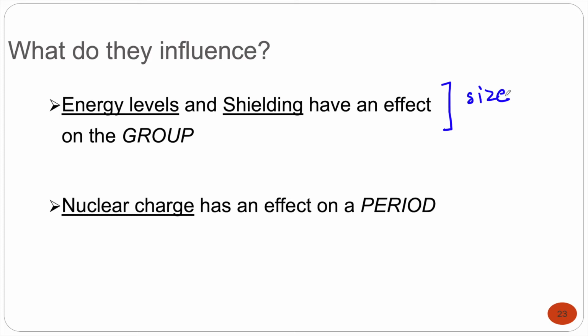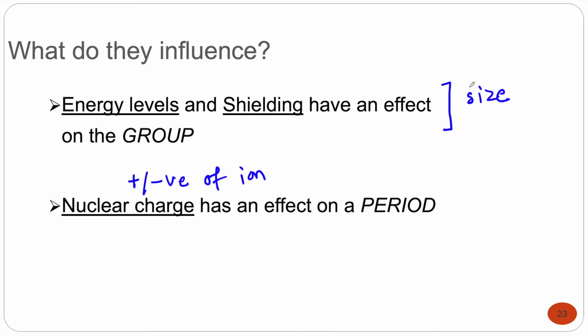Nuclear charge has an effect on a period, so you need to determine the charge, positive or negative, of the ion. So energy levels and shielding effect give effects on the group, while the nuclear charge gives an effect on the period.